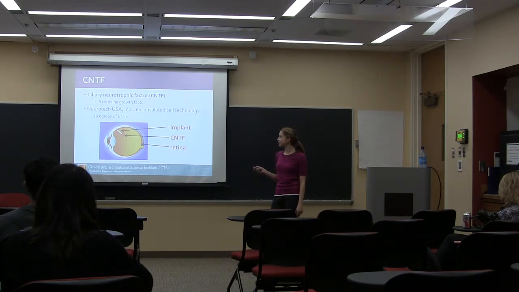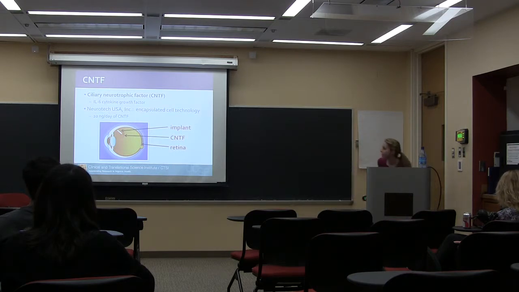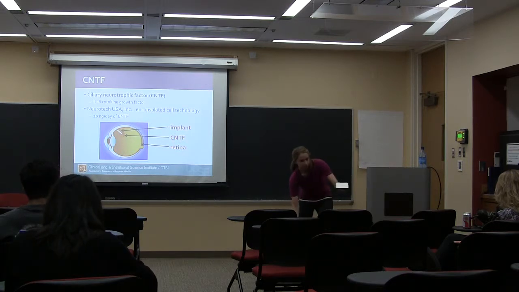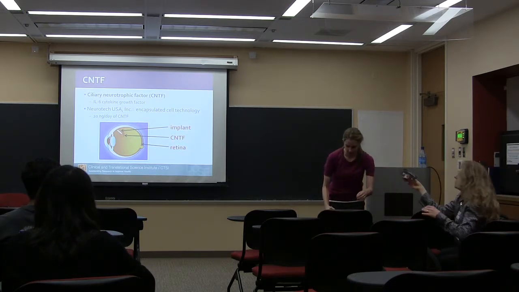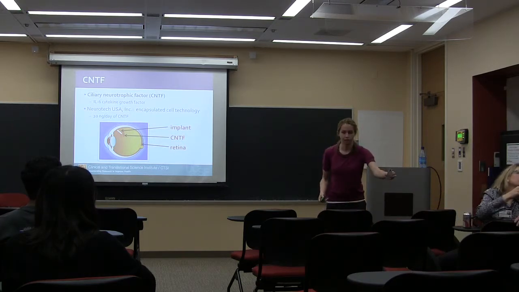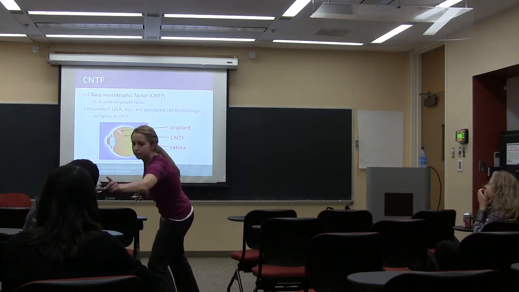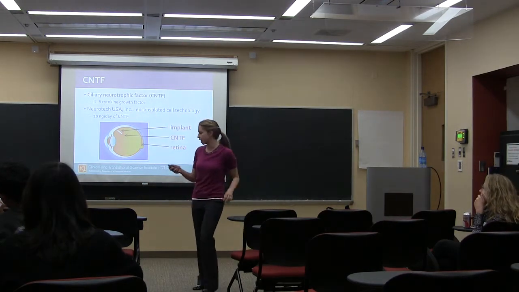So this CNTF is the drug. It's a cytokine growth factor, and it's really cool actually. I'll pass around samples of the implants that we're using. Okay, so you can see it in these little capsules as a sample of the implant.